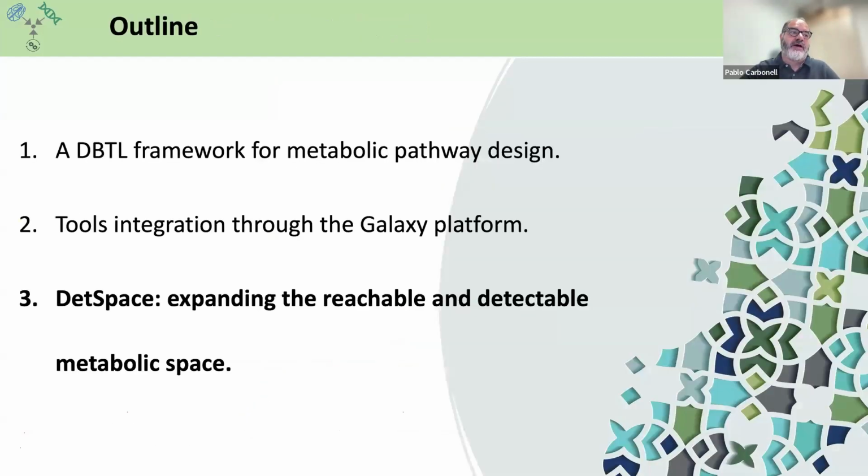But it's true that with this, I'm going to start now with the last part of my presentation. It's true that the DBTL cycle also allows for other types of applications or tasks that can be performed, maybe not in a systematic way, but depending on the case. You could, for instance, do directed evolution of some of the enzymes.